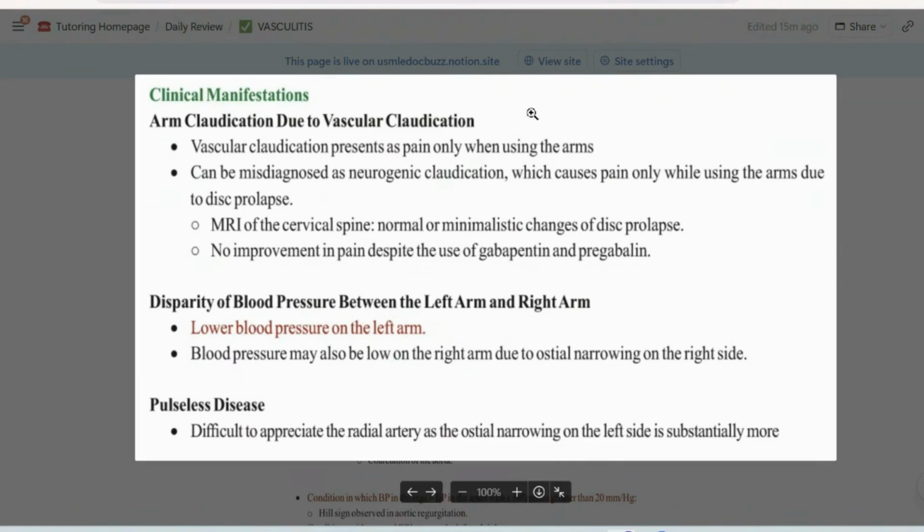First, vascular only happens during movement, when you use the arms more, when they're doing some activity. Usually with neurogenic claudication, if you do a CT, MRI, even an X-ray, you won't find any sort of deformities, no other problems are going to be seen.